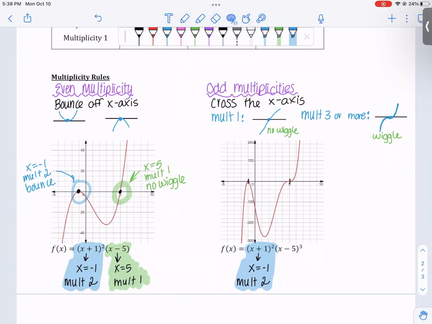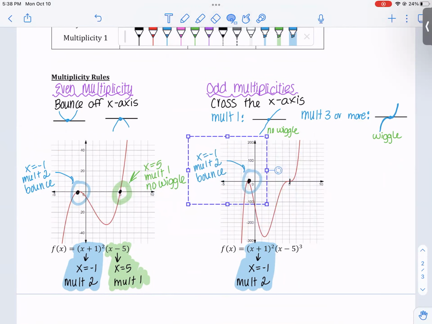So all that is the same. All that is the same. The difference is this one with the wiggle.